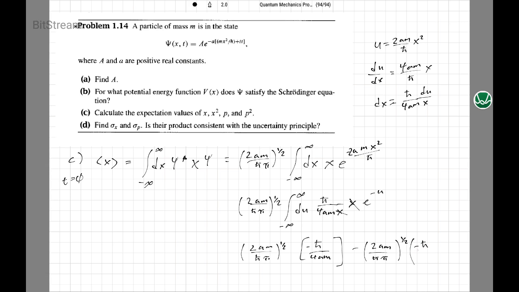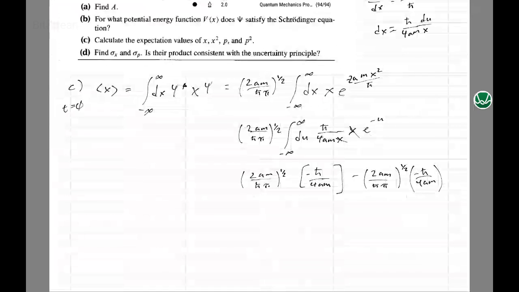Minus, minus. Or you can just plug it into Wolfram Alpha and it will tell you it's 0. So we just get nothing there.